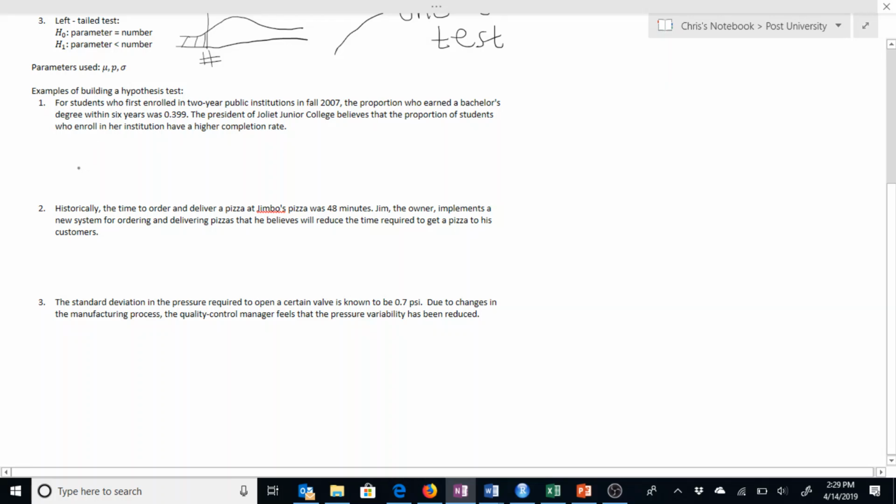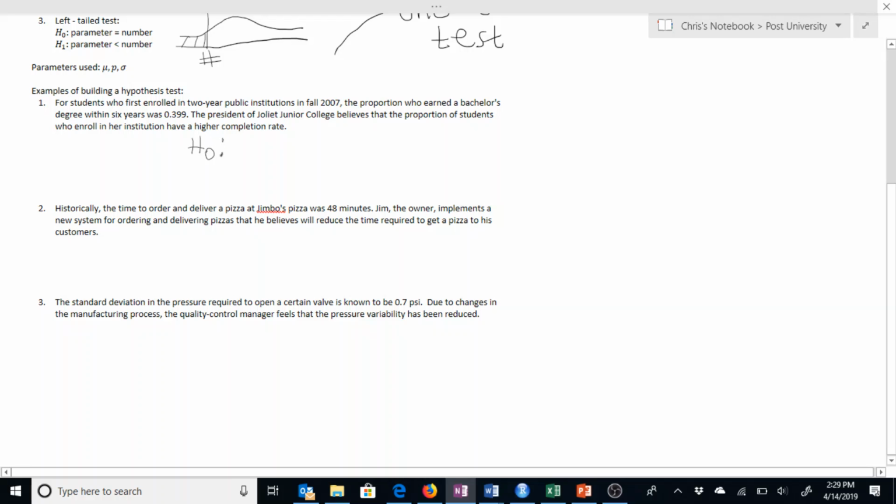The president of Joliet Junior College believes that the proportion of students who enroll in her institution have a higher completion rate. So do notice those keywords. So previously, within that fall of 2007, the proportion was 0.399. That's going to be a null hypothesis.